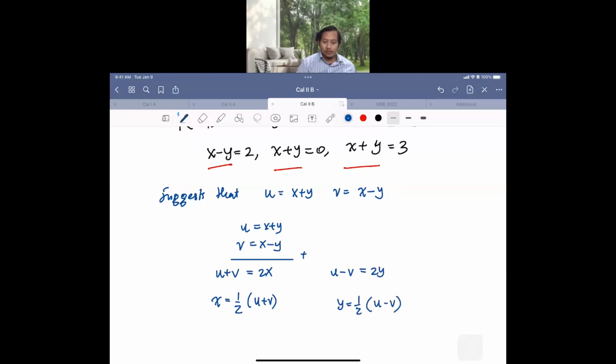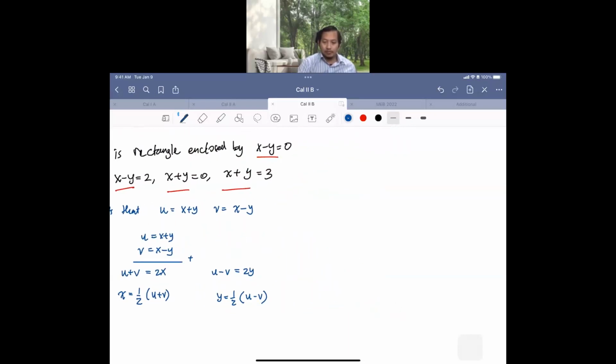Between these two, we could compute our Jacobian. Partial x partial u is half, and so on, half and negative half. This will be negative 1 over 4 minus 1 over 4, which is negative 1 over 2.